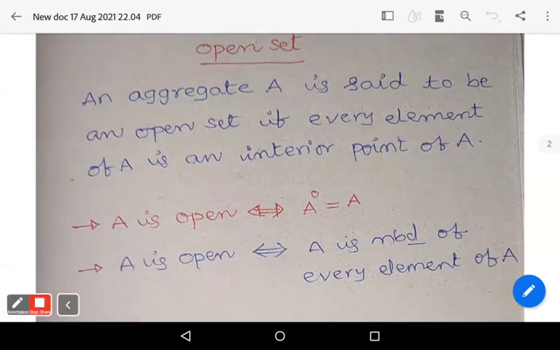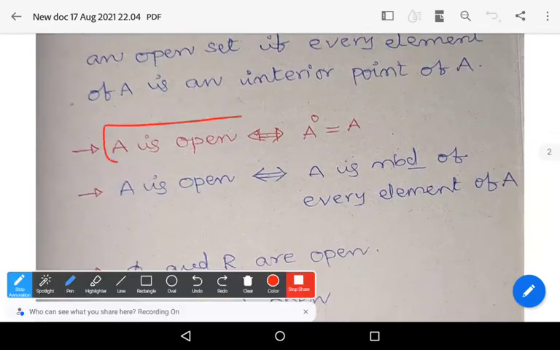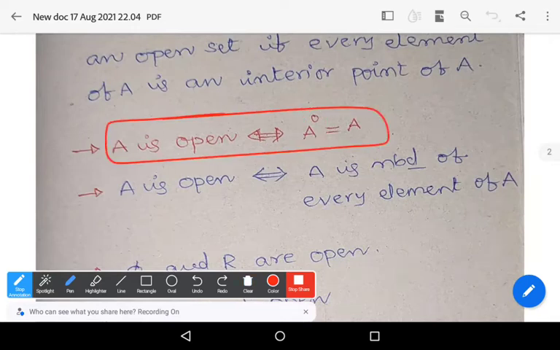That is, A is open if and only if the interior of A is equal to A. A power 0 represents the interior of A, the set of all interior points of A.